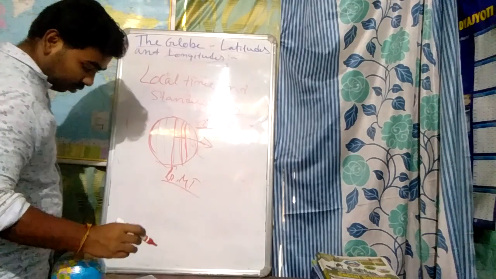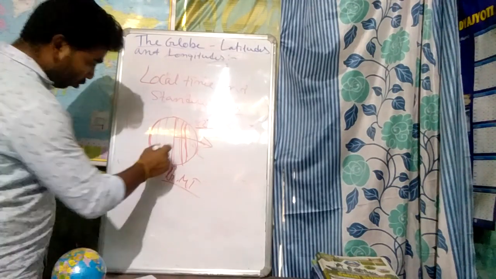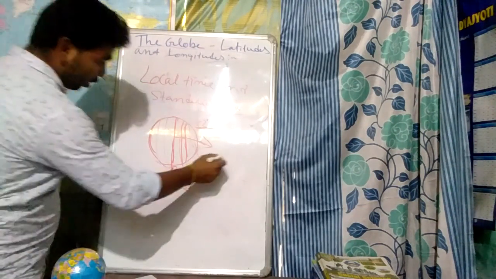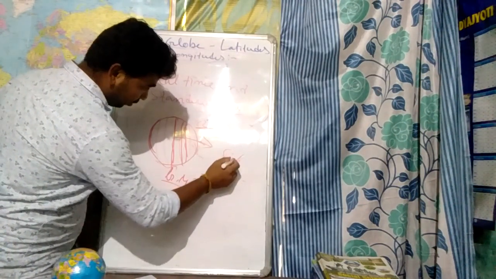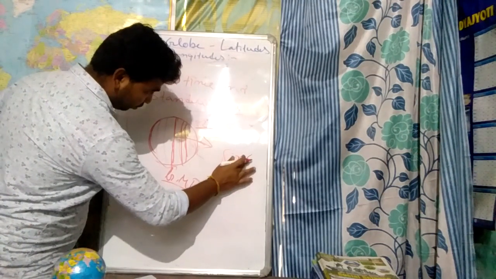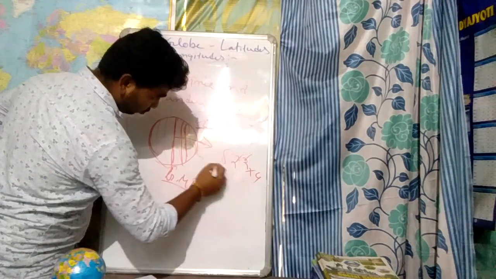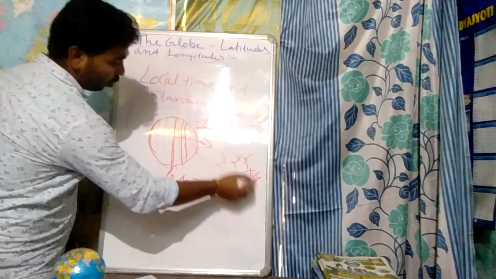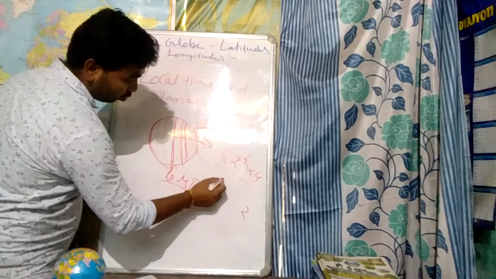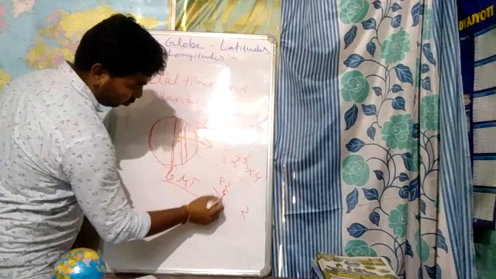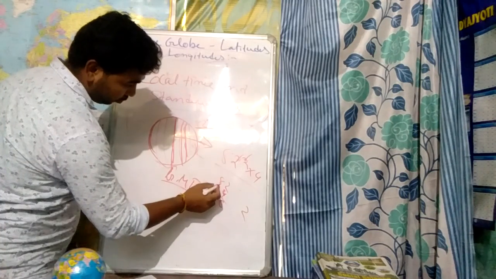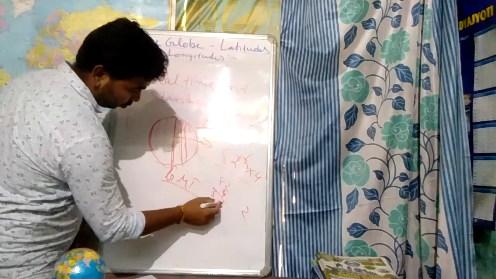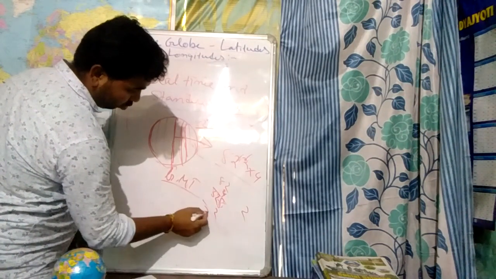Here is one mathematical calculation. We know that every degree of longitude takes 4 minutes. In our India, the longitude is 82 and a half degrees east. 82.5 times 4 gives 330 minutes.